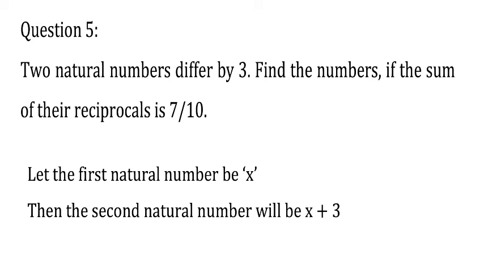It is given that the sum of their reciprocals. If the first natural number is x, then its reciprocal will be 1 by x. In the same way, the second natural number is x plus 3, then its reciprocal will be 1 by x plus 3.